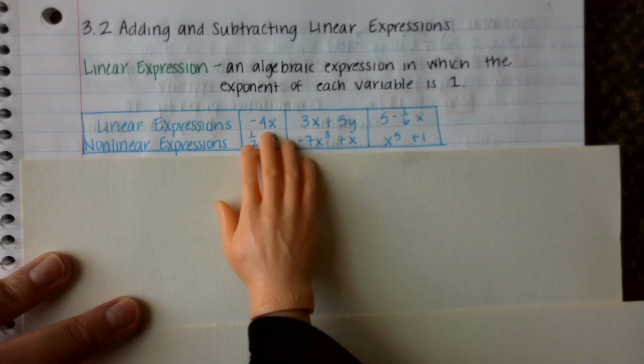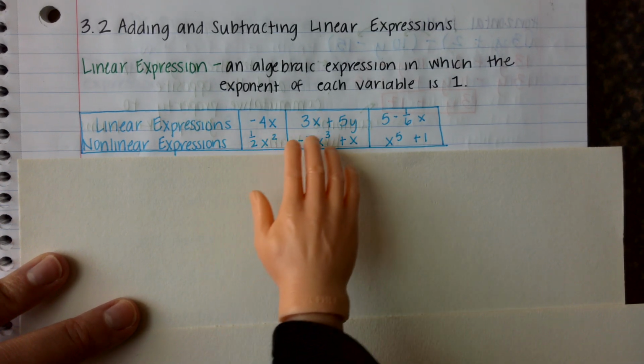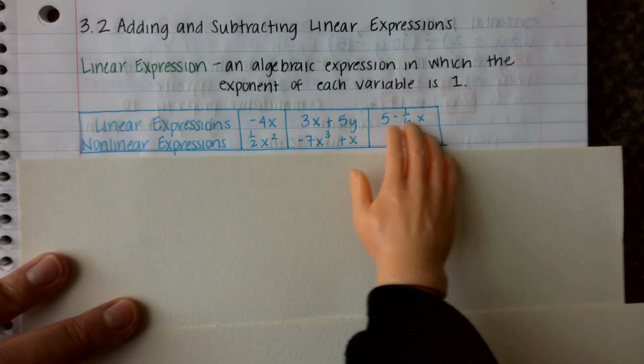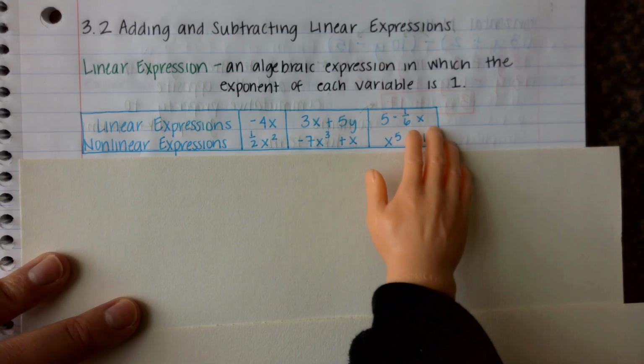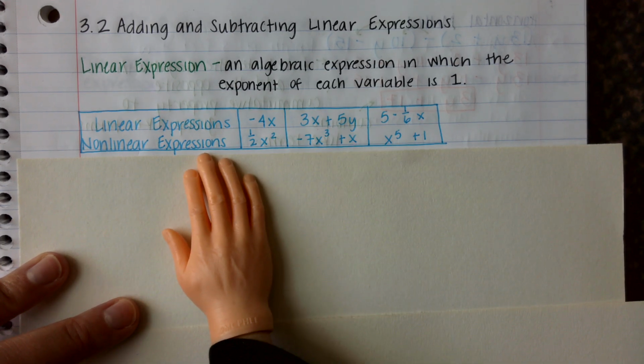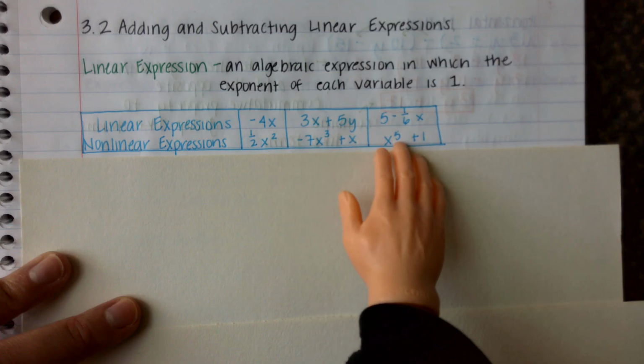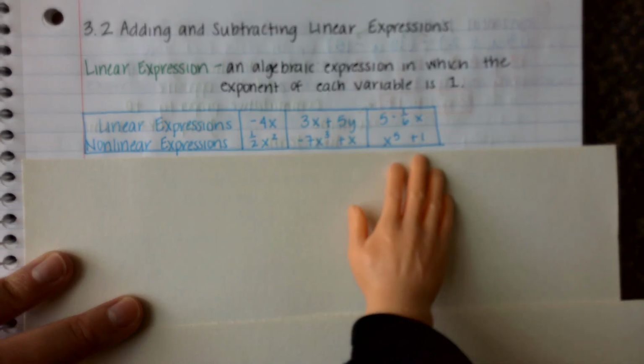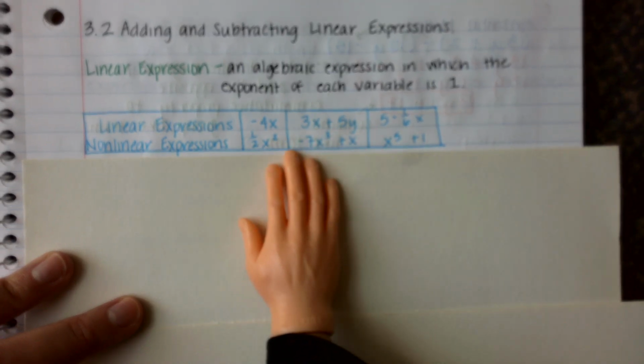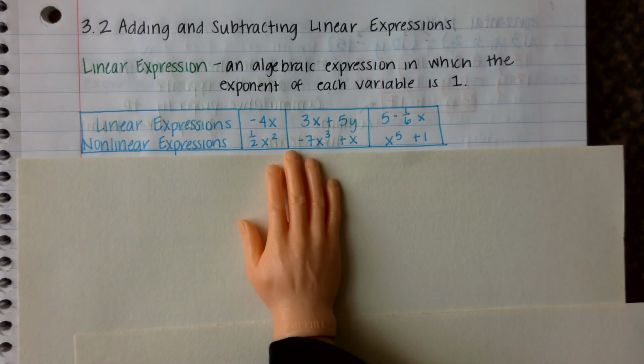They could have just one term with variables, they could have multiple variables, or they could have constants and variable terms. But nonlinear expressions are going to have exponents greater than 1 in at least one of their terms. So all of these bottom ones are nonlinear expressions.